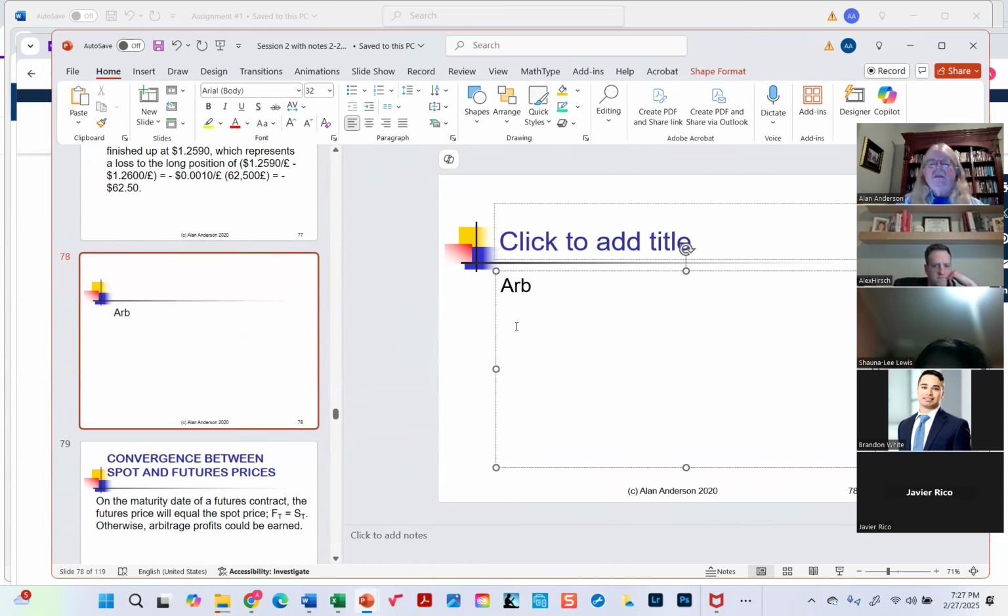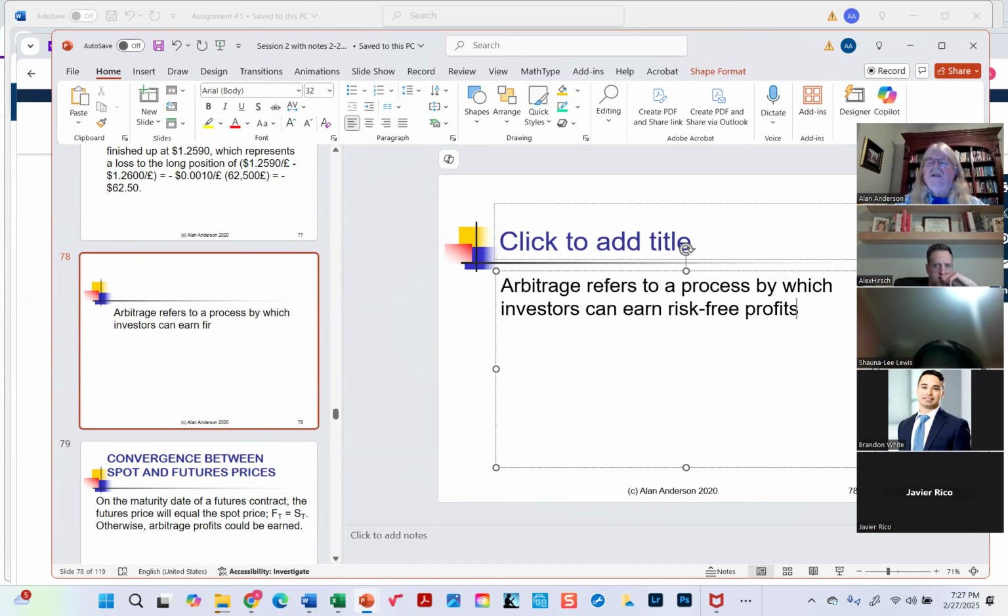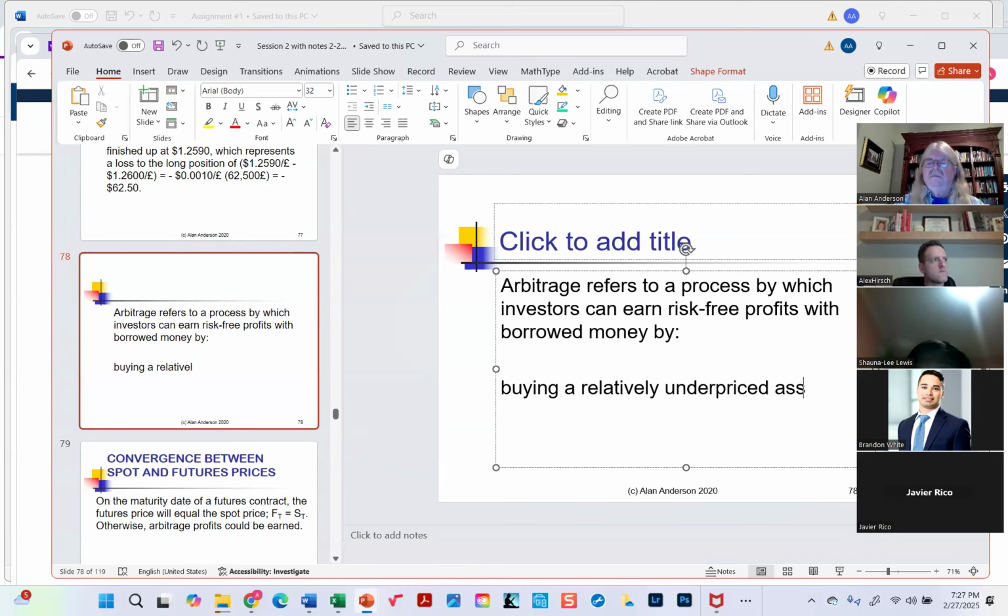Arbitrage refers to a process by which investors can earn risk-free profits with borrowed money by buying a relatively underpriced asset and selling a relatively overpriced asset.